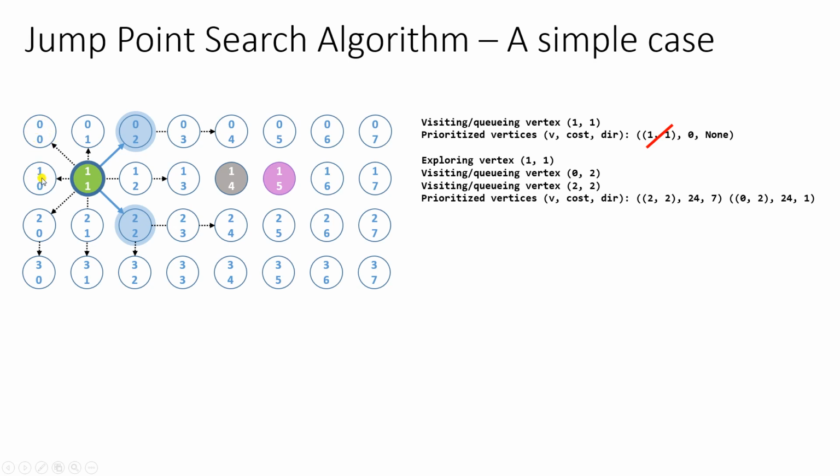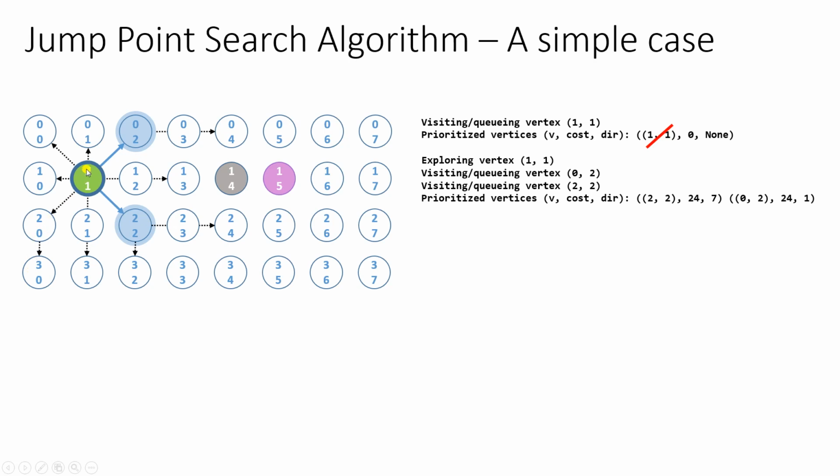The same goes for vertex 1, 0, and the same goes for vertex 2, 0. 2, 0 is reached via a diagonal scan, and since we have no space to go on the left and down side, or purely on the left side, we will go straight down to 3, 0 and conclude that there is nothing here, so this branch is not of interest and will not contain a jump point.